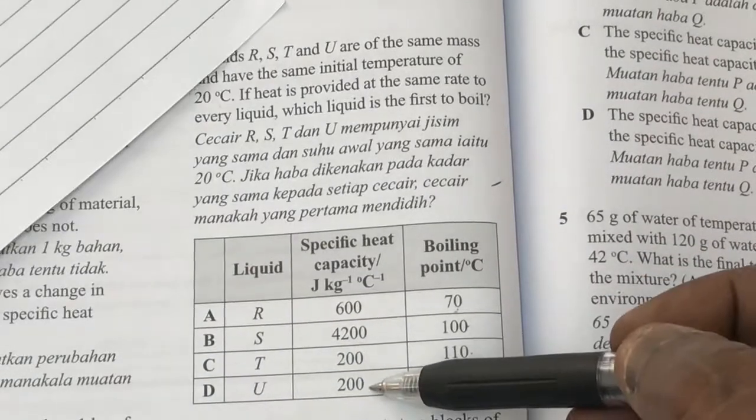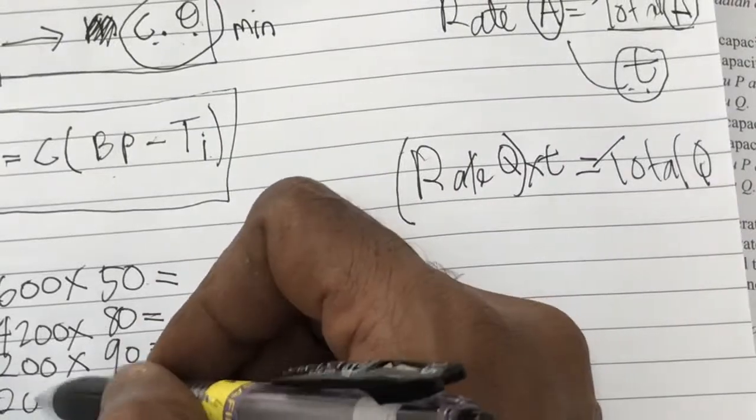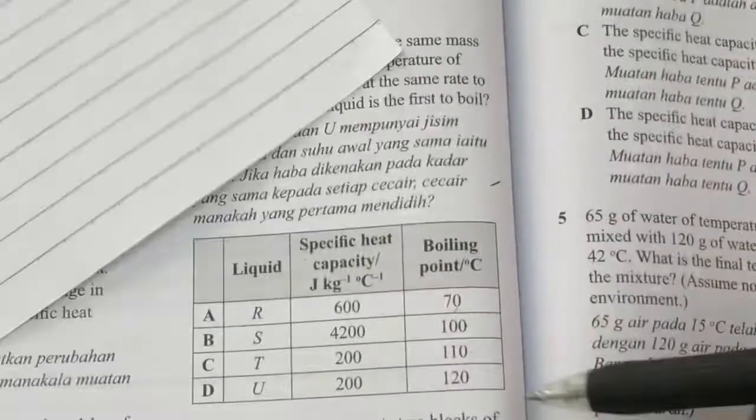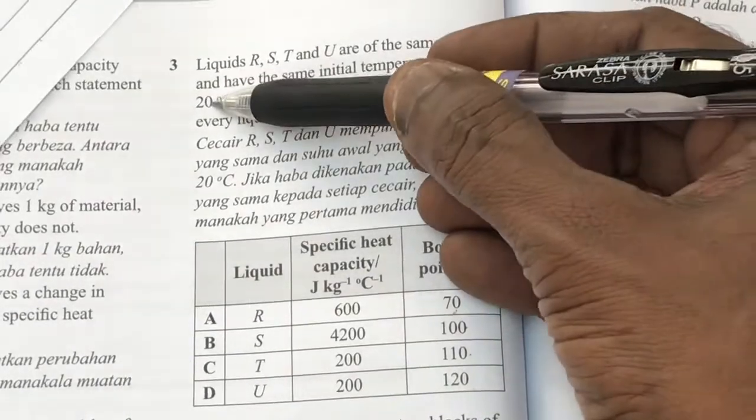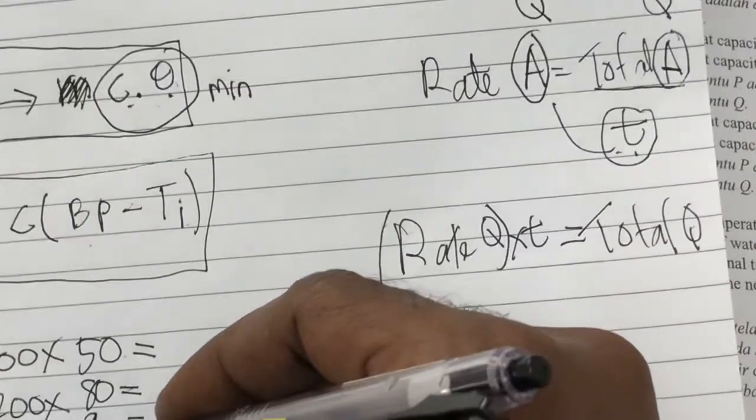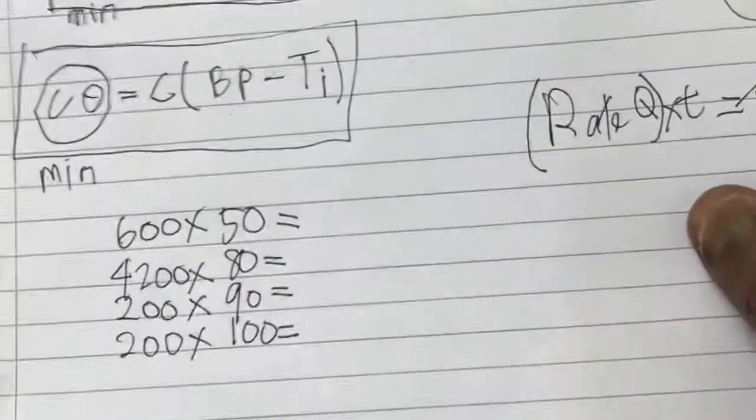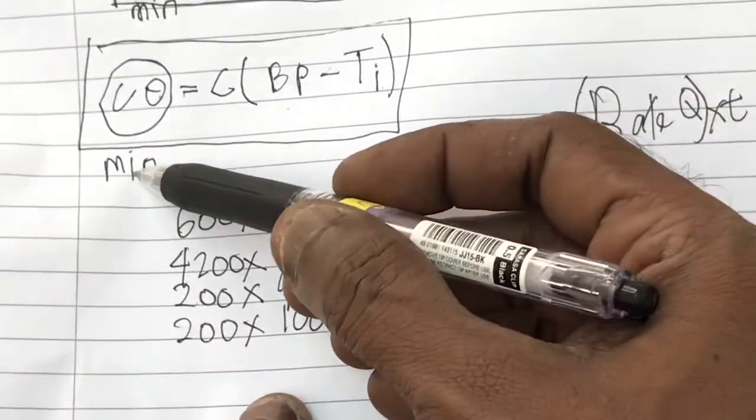And finally, the c 200 times 120 minus 20, 100. That's all. So you have to do this for all four. All we have to do now is find the one that gives the minimum product.